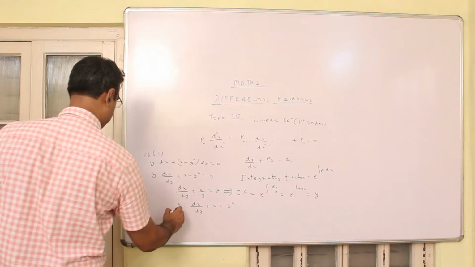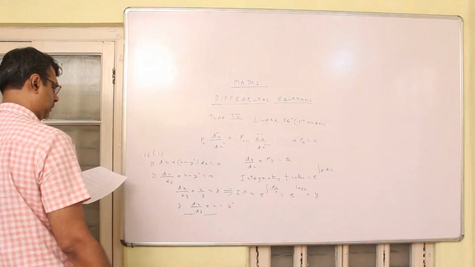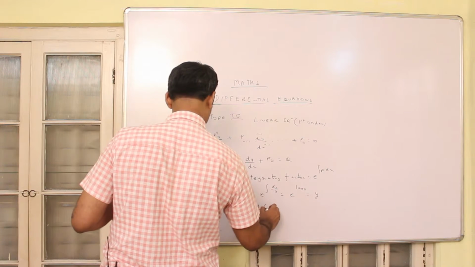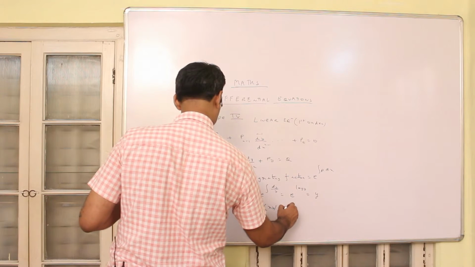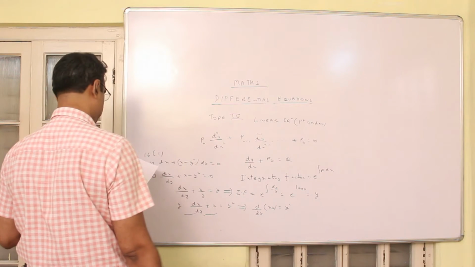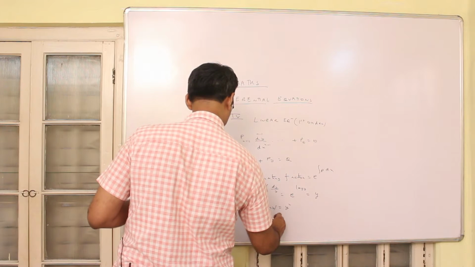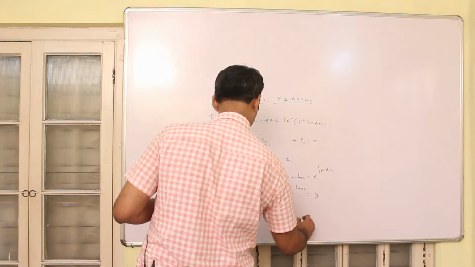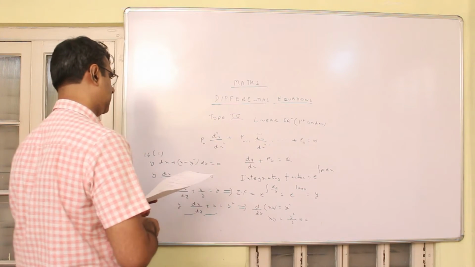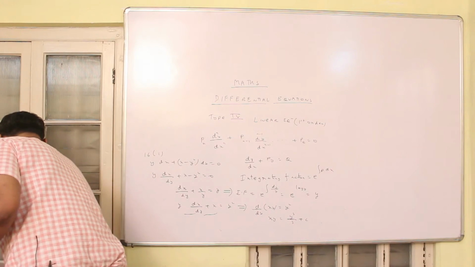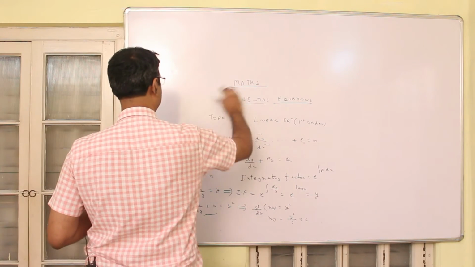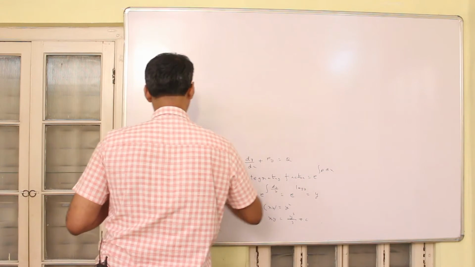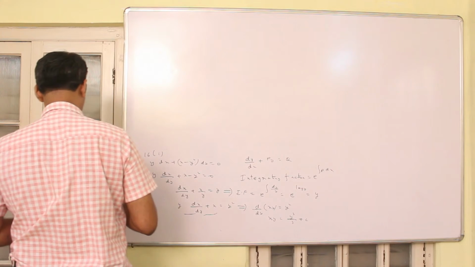Notice that the left hand side has now become a perfect differential. So you are getting d by dy of xy is equal to y square, and now if you integrate both sides, then you will get xy is equal to y cube by 3 plus c. So this is the way to solve the sums of type 4.